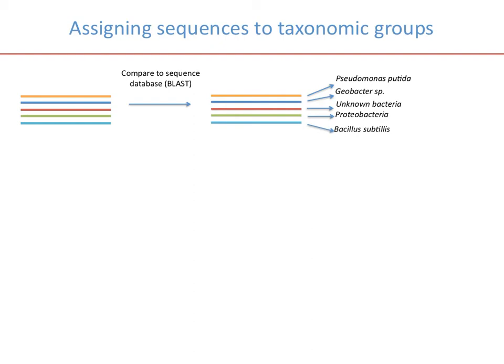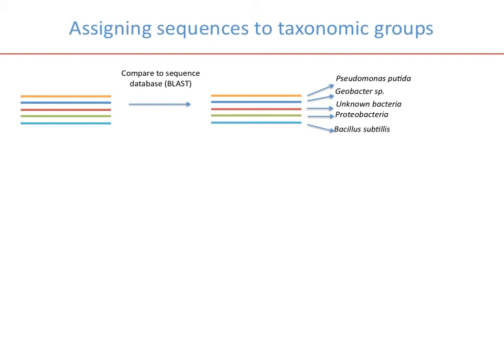So my point is that when you do this type of thing, you're going to get some that match things in the database, and you're going to get some that you don't know a whole lot about. Some, you may find that it matches pretty well to the Geobacter genus, but there aren't any species in the database that match it exactly.